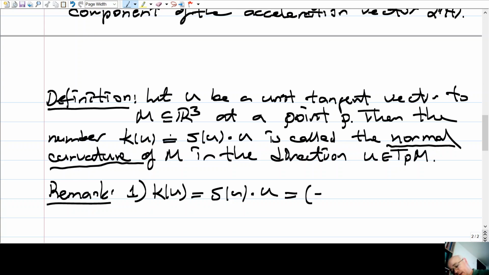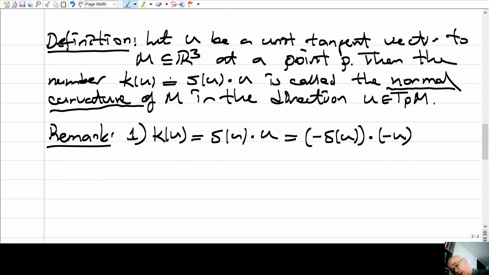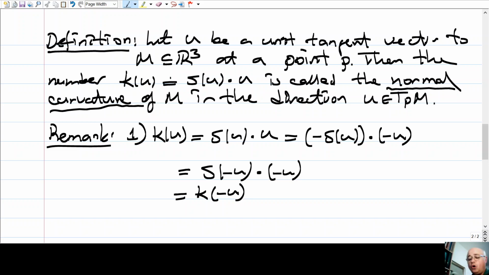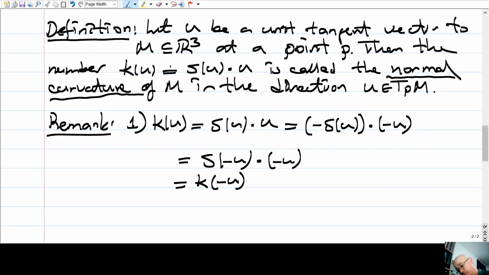This is the same thing as this, and that can be written as S of minus u dot product minus u, because S is a linear operator, but this is nothing but k of minus u. So the normal curvature at any vector doesn't change if you just reverse the vector, okay?